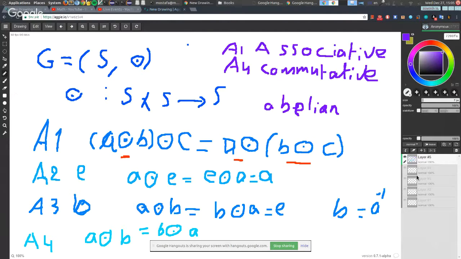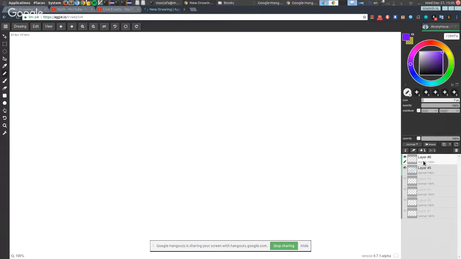Here we can have an example. We can have a set S that has some elements, let's say 1, 2, 3.